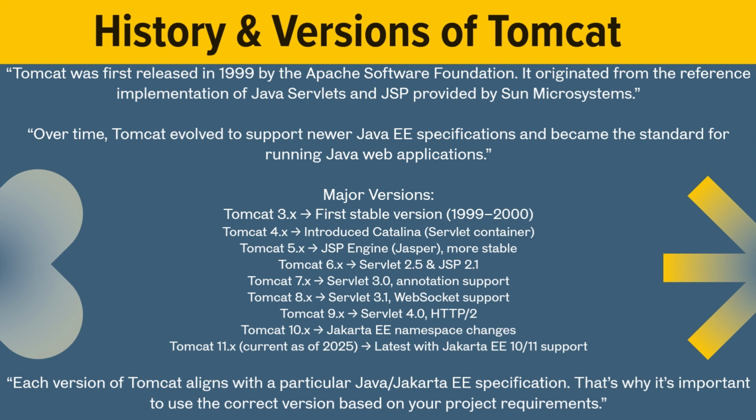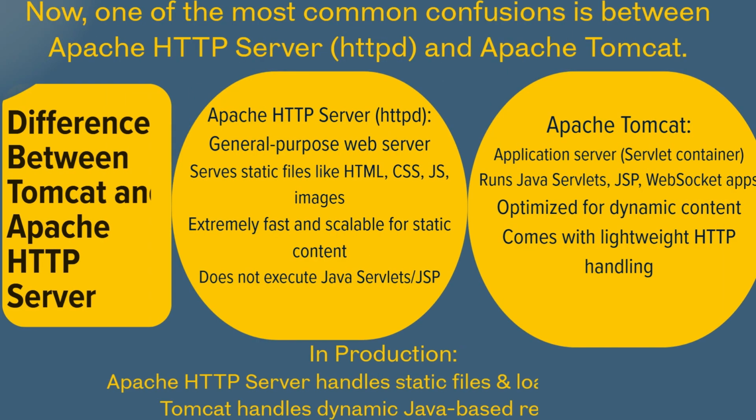Now, one of the most common confusions is between Apache HTTP server and Apache Tomcat. So what is the difference? Apache HTTP server is basically a general purpose web server, whereas Apache Tomcat is an application server. Apache HTTP server serves static files like HTML, CSS, JS, images, whereas Apache Tomcat runs Java servlets, JSP, WebSocket apps.